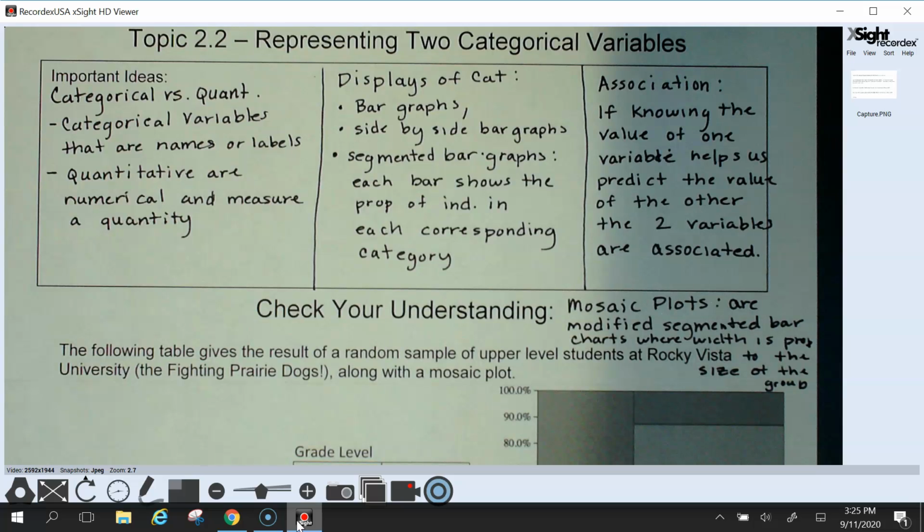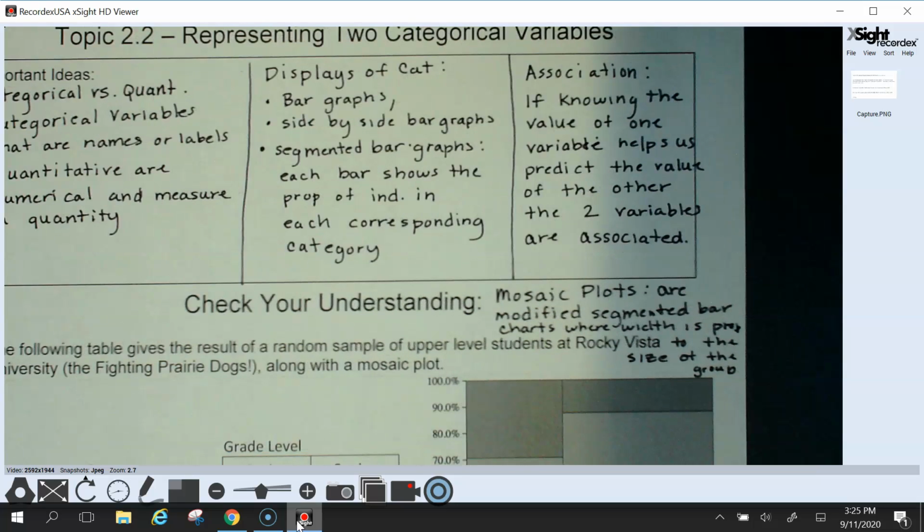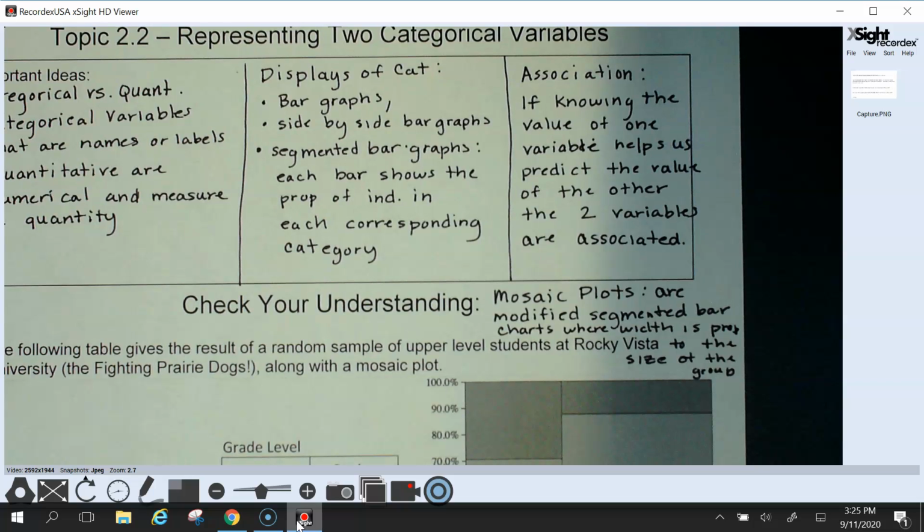There are bar graphs, side-by-side bar graphs, which are, you have your segmented bar graphs, okay, where each bar shows a proportion of an individual in each corresponding category. Association is also something we're talking about, and that's if knowing the value of one variable helps us predict the value of the other, the two variables are associated.